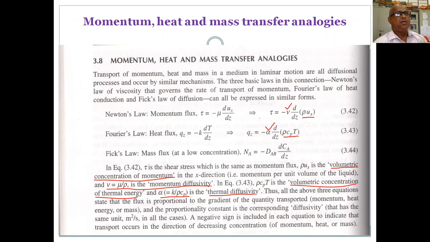And in 7th or 8th semester, you will study a course called transport phenomena. There you will study all these things in detail. Transport phenomena is nothing but the transport of momentum, heat and mass, and how these things take place. You will learn the integrated part of this.